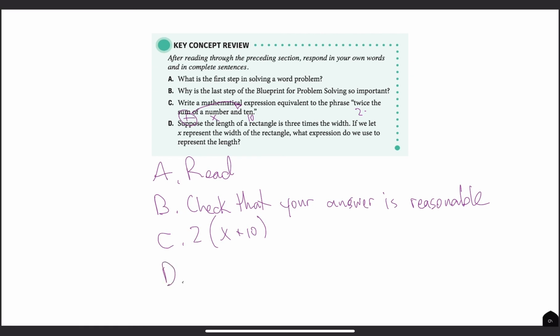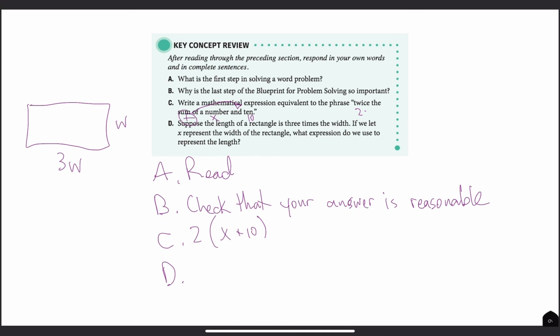All right, D. Suppose the length of a rectangle is 3 times the width. Okay, hold on. I got to draw this. So the length of a rectangle is 3 times the width. So if the width is W, then the long side would be like 3 W's.